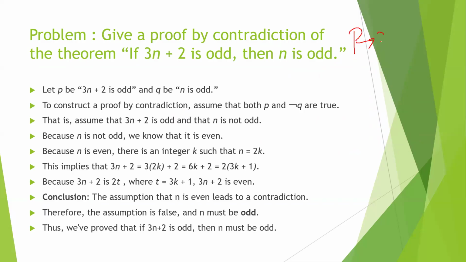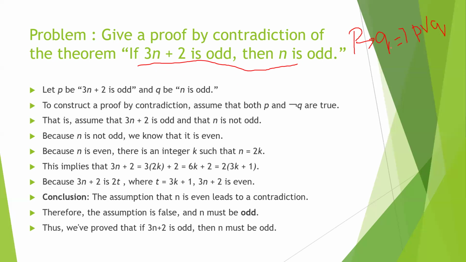So what is meant by P implies Q is, going to the expression, just say how to negate this statement. Here we have two statements. If 3n plus 2 is odd, that is P. Then, implies means then n is odd.